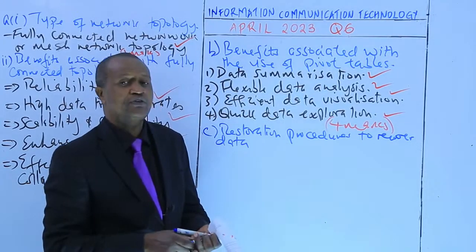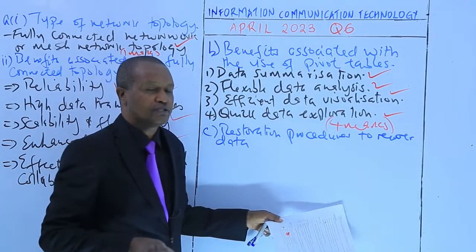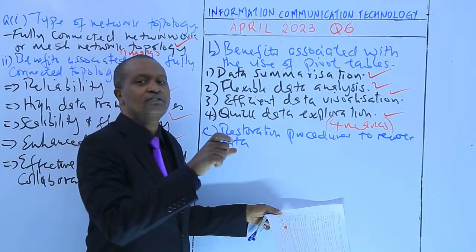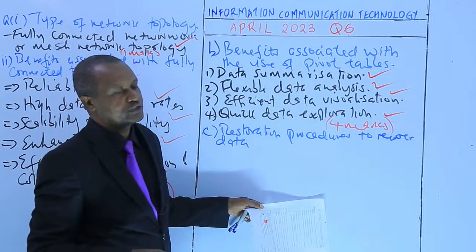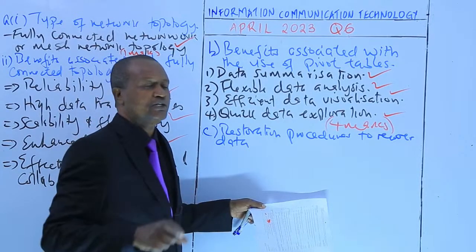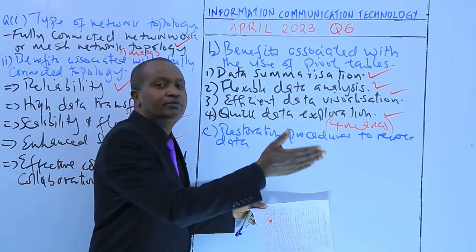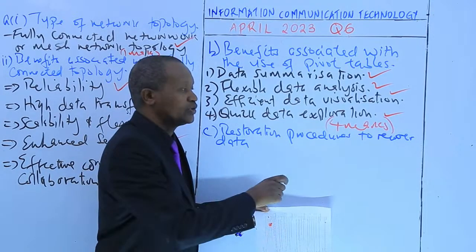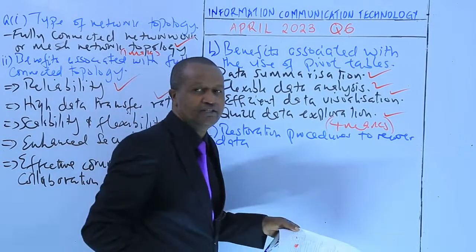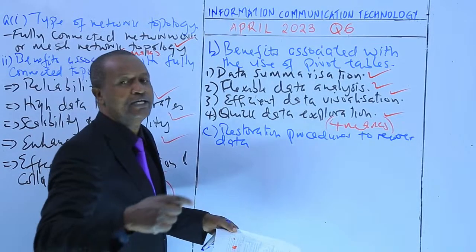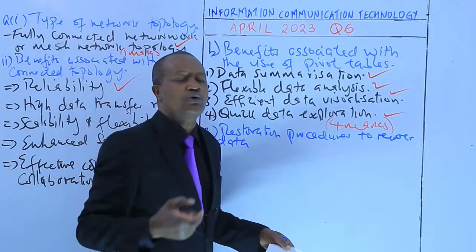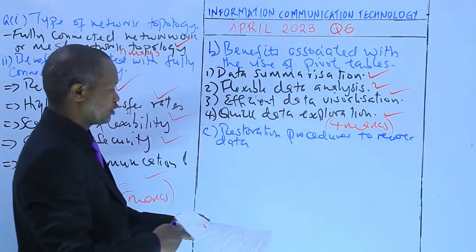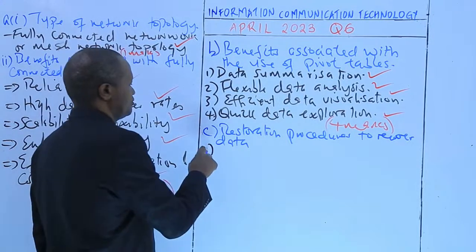That involves making copies of data and storing the data in separate locations so that in the event of data loss, the backup can be used to restore or to recover data. Backup and restore.